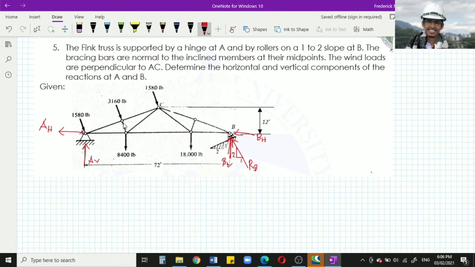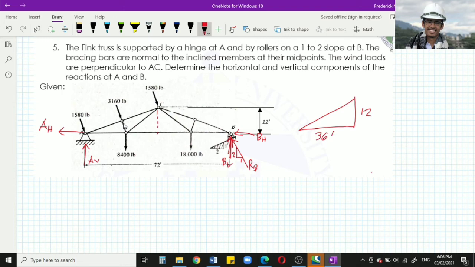Given yung whole length ng ating truss and yung height niya, using Pythagorean theorem, makukuha natin yung length ng ating AC. If we have 12 feet here, ito magiging yung midpoint ng ating truss, so that will be 72 divided by 2. This will be 36 feet.